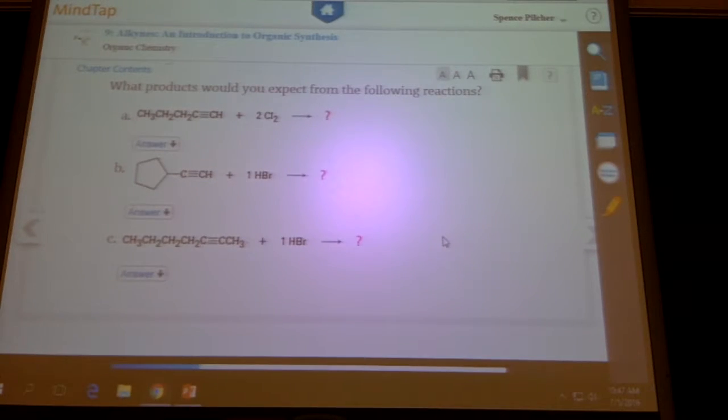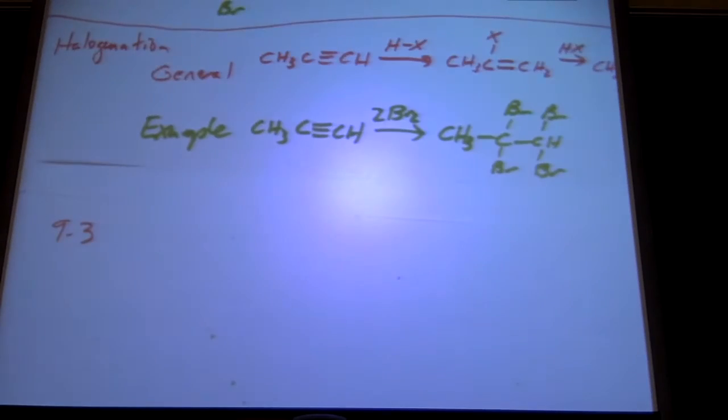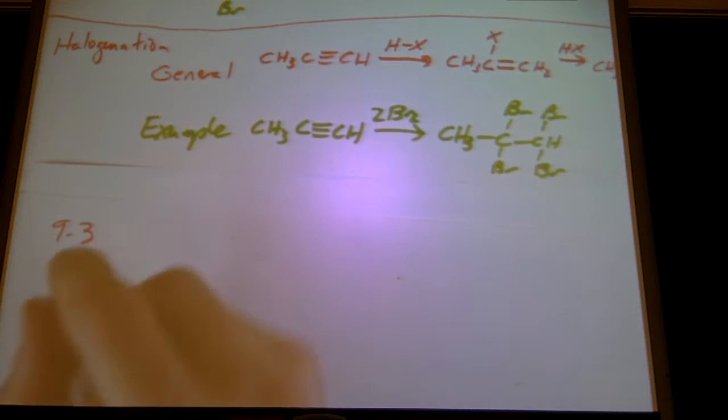Look at problems from your textbook, so we'll look at this is 9-3. So the first one, I have a triple bond. I have 1-pentyne.